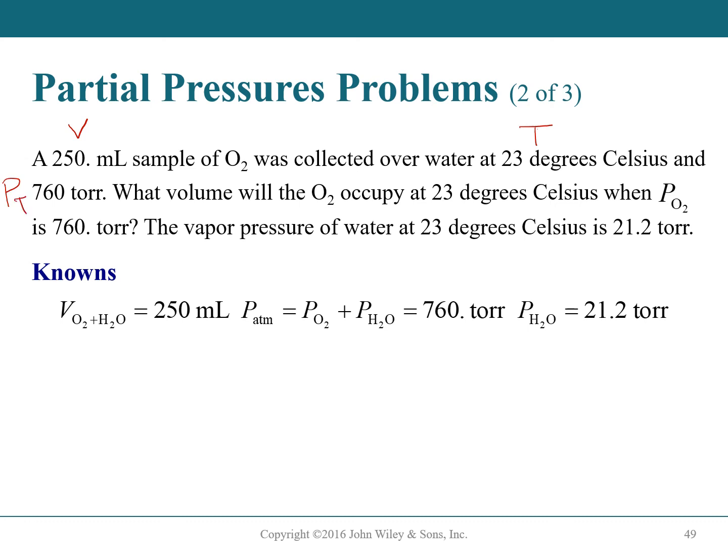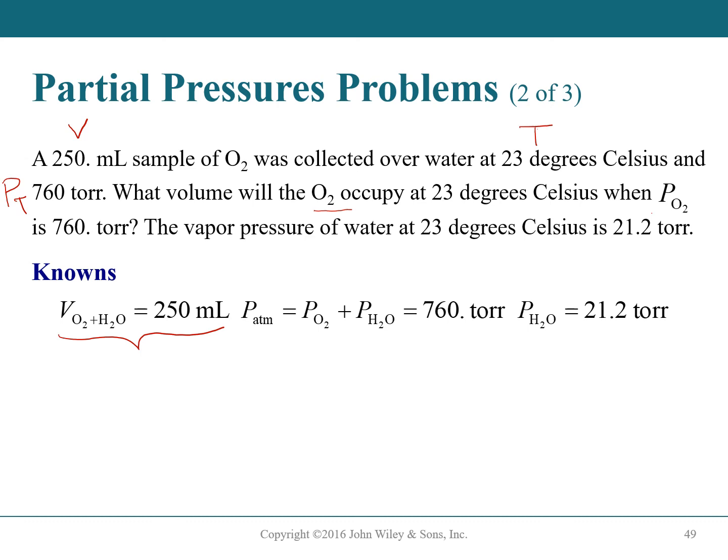You want to know what volume it would be from the oxygen. So our volume is going to change, right? We're going to have to get, first of all, what the pressure is. Then we know pressure and temperature, we can get volume. The vapor pressure of water is 21.2 torr. We know the volume's 250 milliliters.